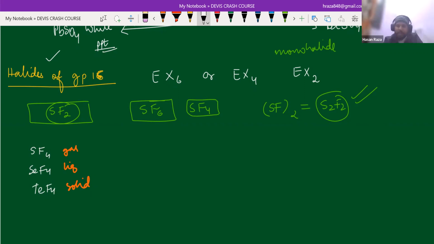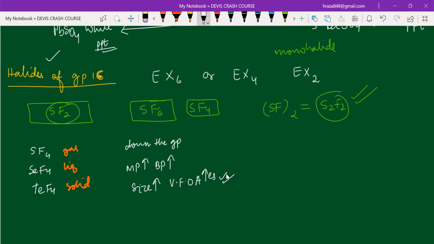Also, it is very important to note that down the group, melting point and boiling point increase because size increases, that means atomic weight increases, and van der Waals force of attraction also increases. Is that clear? Always keep it in mind.